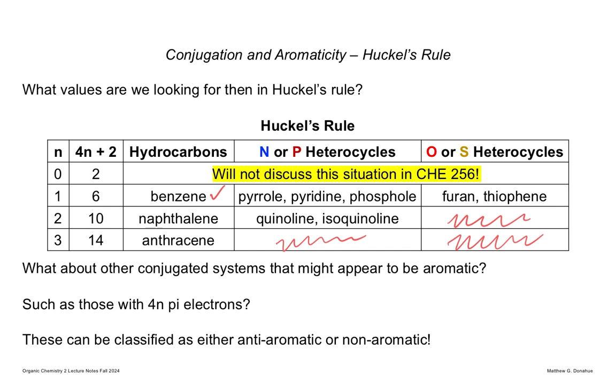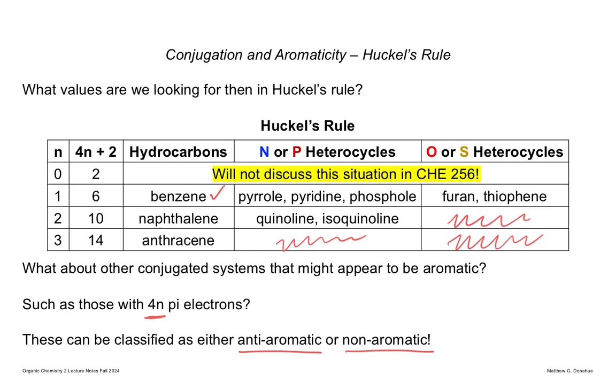So maybe a follow-up question to the 4n plus 2: what if you have a conjugated system that just has 4n pi electrons, not 4n plus 2? These are actually classified in two different ways, anti-aromatic or non-aromatic.